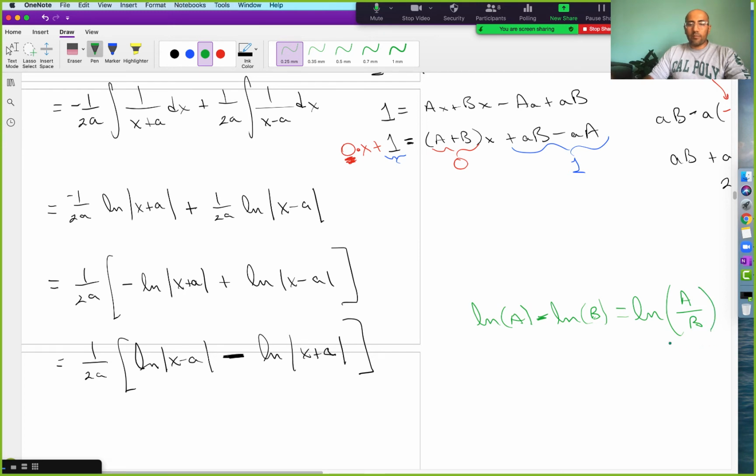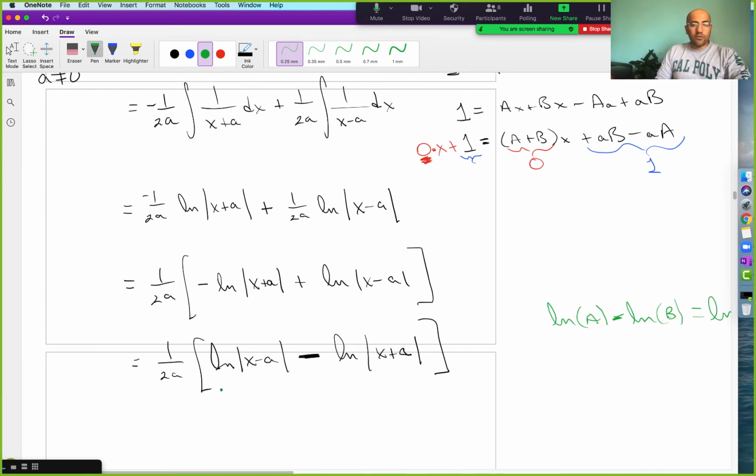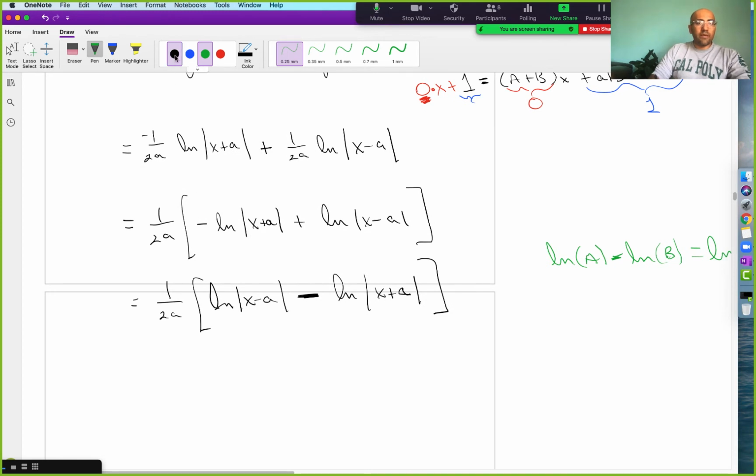That's one of our properties. So we can just combine these two into one big happy log and say that this is going to be 1 over 2a times ln of absolute value of x minus a over x plus a, in that order, plus a constant, and I think that's as good as it gets.